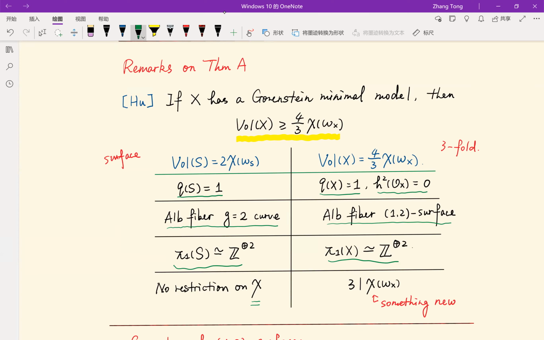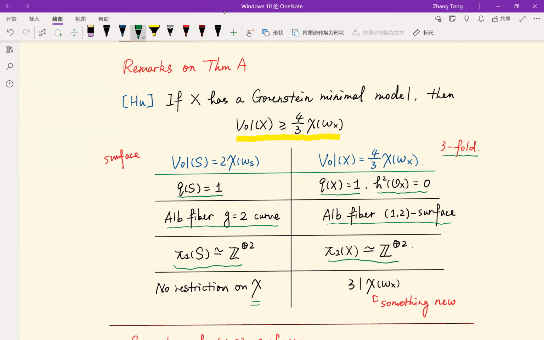This means that for any given positive integer, we can construct some extremal surface such that the Euler characteristic of this surface equals the integer you have given. But if you consider the threefold extremal case, this is different.